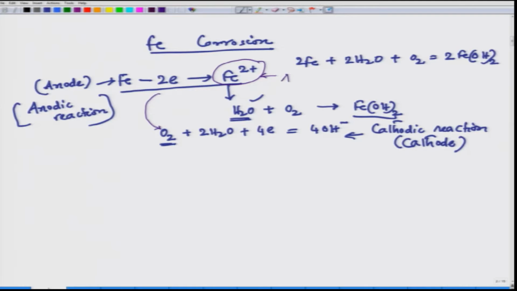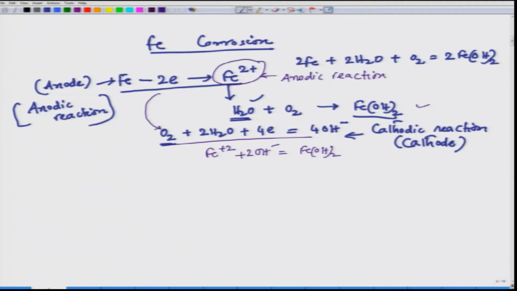this particular reaction is the anodic reaction, and this particular reaction is the cathodic reaction, which happens on the iron surface itself. Now, this iron plus 2 reacts with OH minus and forms Fe(OH)2, which is the same as this reaction.